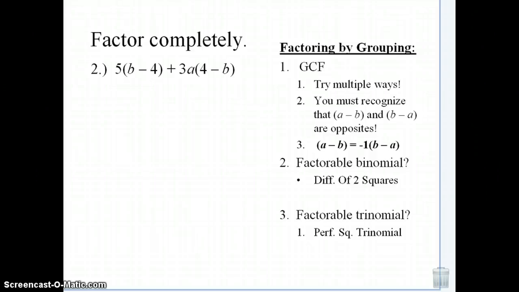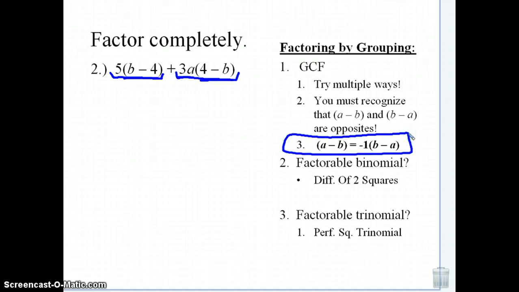Here it is. Next question. I have 5 times b minus 4 plus 3a times 4 minus b. Again, I have two terms. Here they are. But I have a little bit of an issue. Do I have anything that matches up perfectly? No, I don't. So, this is where this idea comes in.